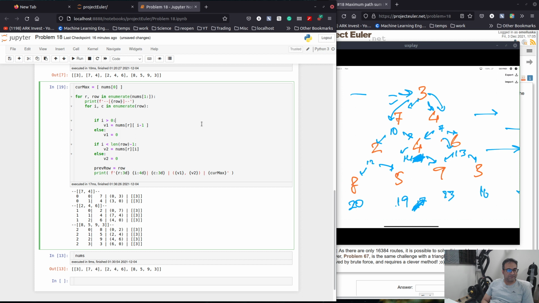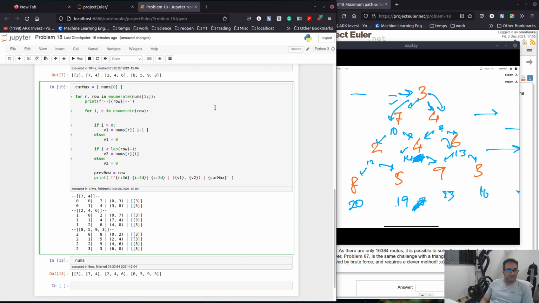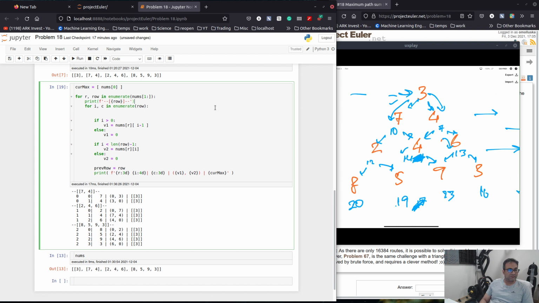So now, let's see. So now we have the right values. I need to add the maximum of this, which is max of v1 and v2, to this thing over here. So we will say, can we just use, instead of doing this, can we just use curmax?